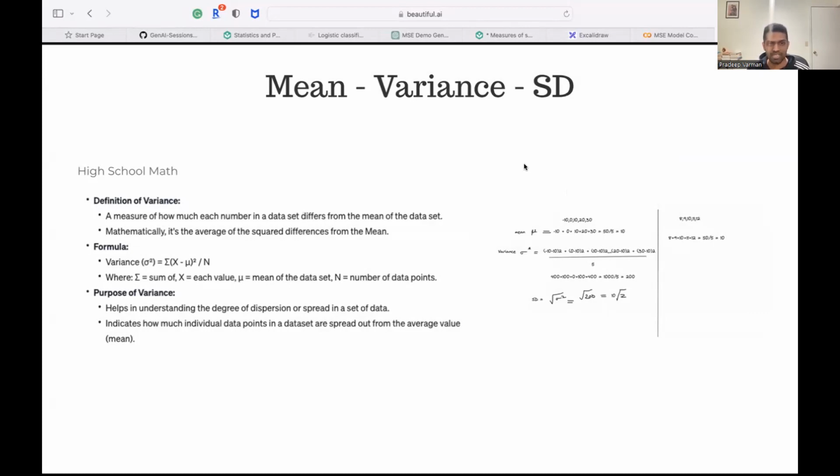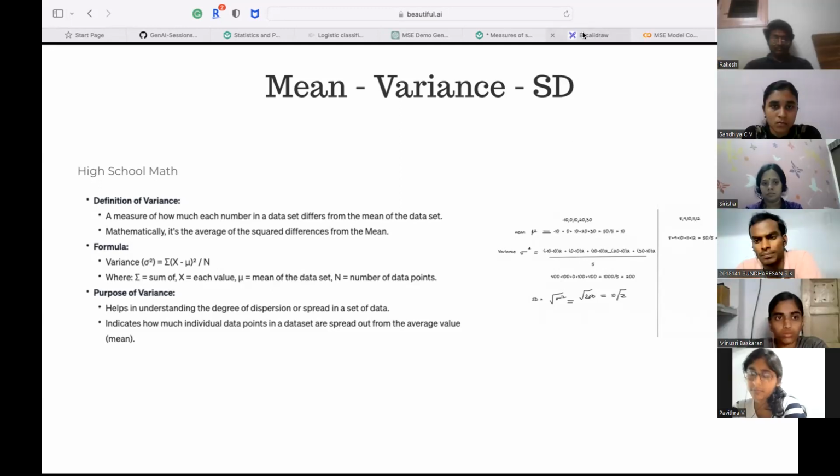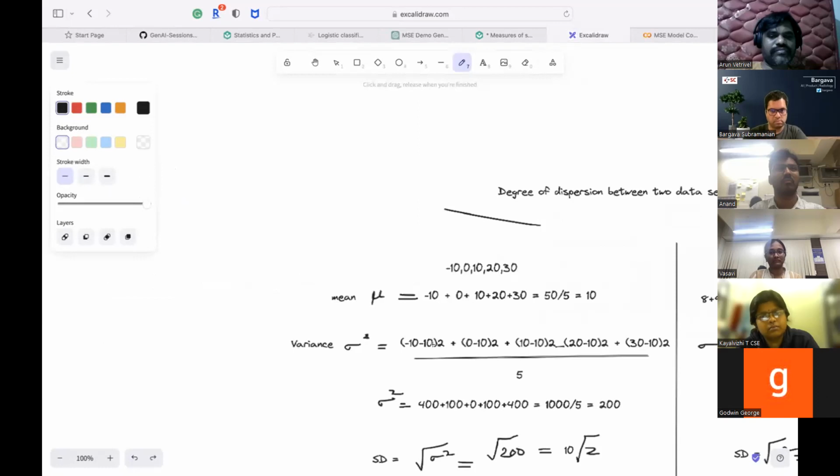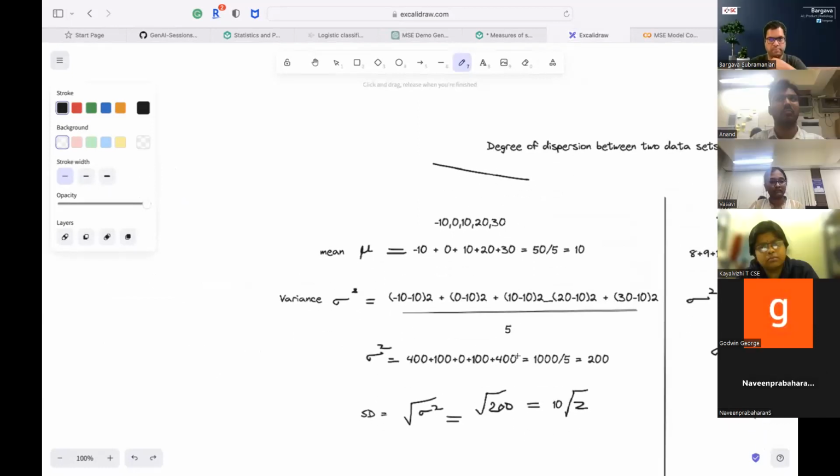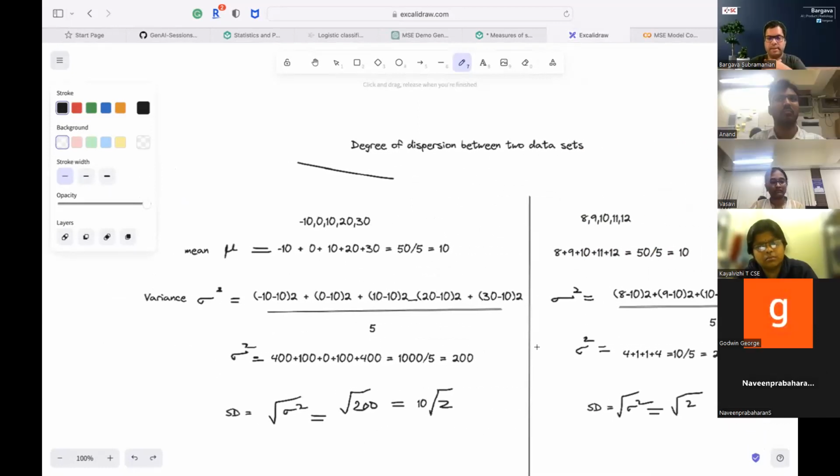So a basic definition of variance is you try to determine how the numbers in a data set vary, how they vary relative to the mean. The formula is basically this. So I'll just take you to an example that I tried, where I put in something on the degree of dispersion.